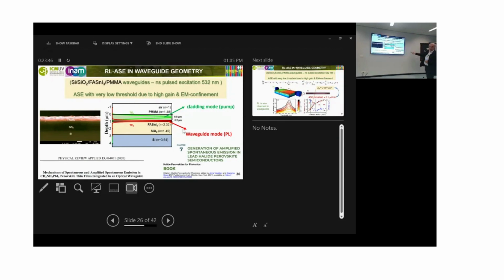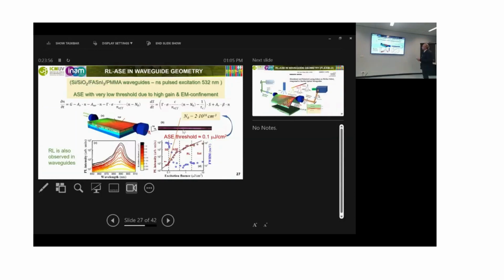Using, in this case, LED light, of course. These are the equations for the amplifier. The production of the stimulated emission is giving us amplification.